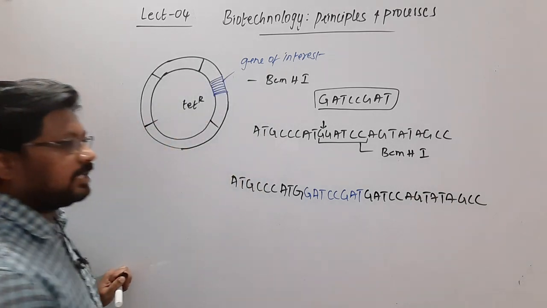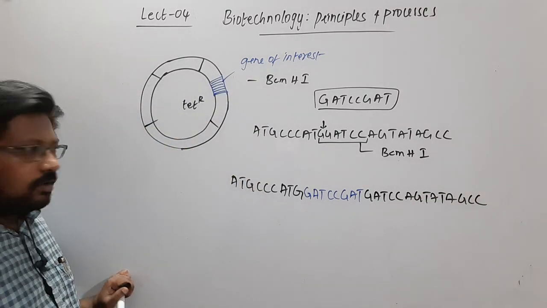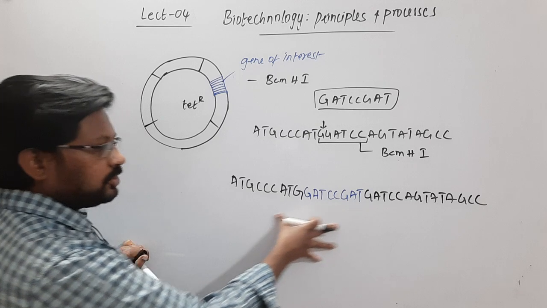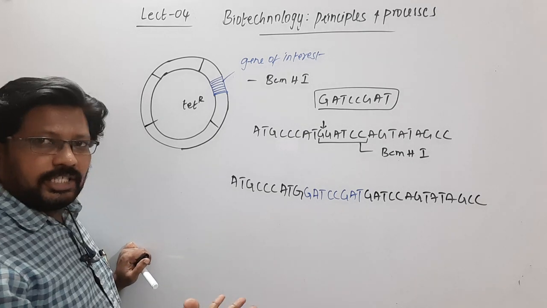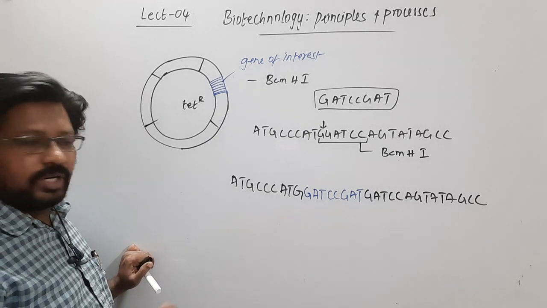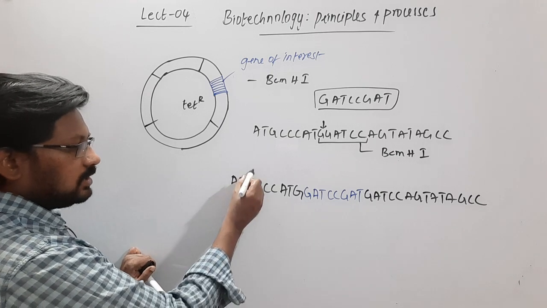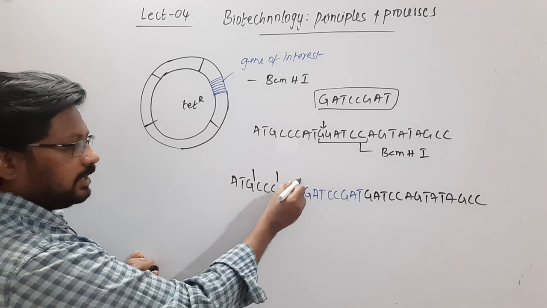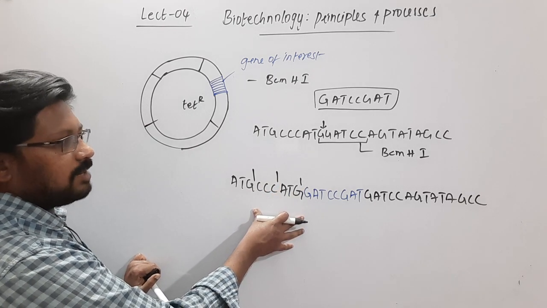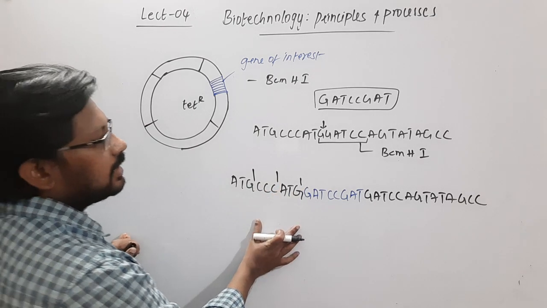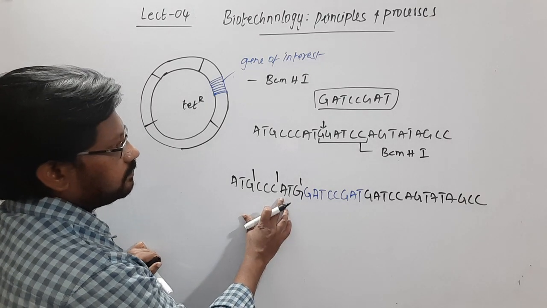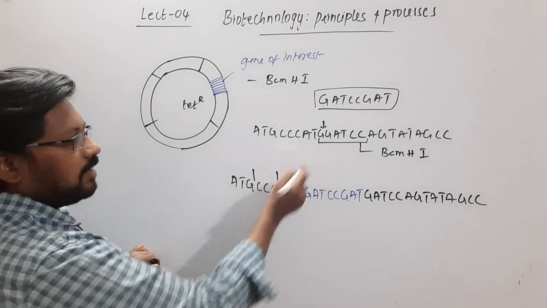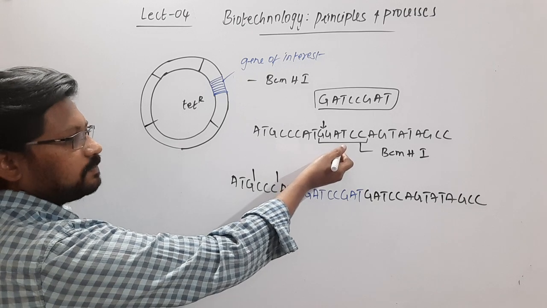So this is what it becomes. And we know that these nitrogen bases in the genetic code will be read three together. So this three will code for an amino acid, and this three will code for another amino acid. But what happened here is that the sequence after this is going to change.